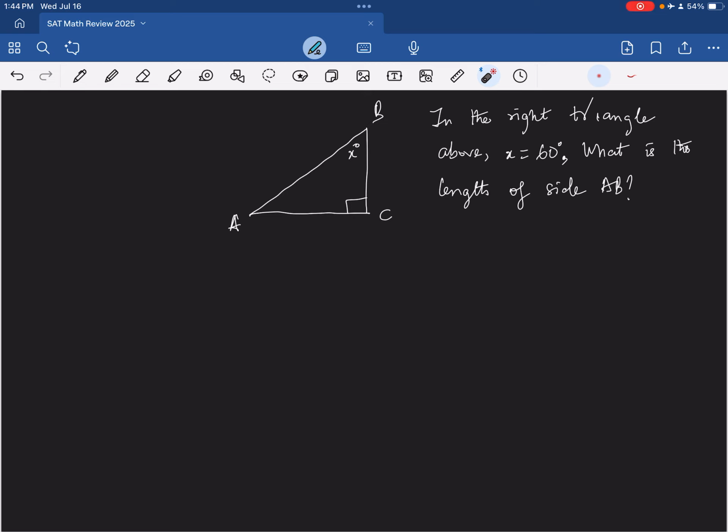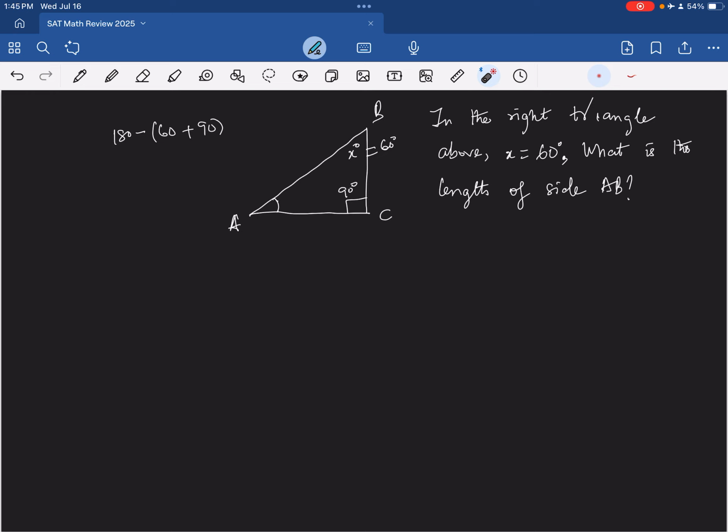Now we're also told that x here is 60 degrees. So if this is 60 degrees, we already have this to be 90 degrees. Then this angle here would be 180 minus 60 plus 90. So we add these two angles together and we subtract it from 180.